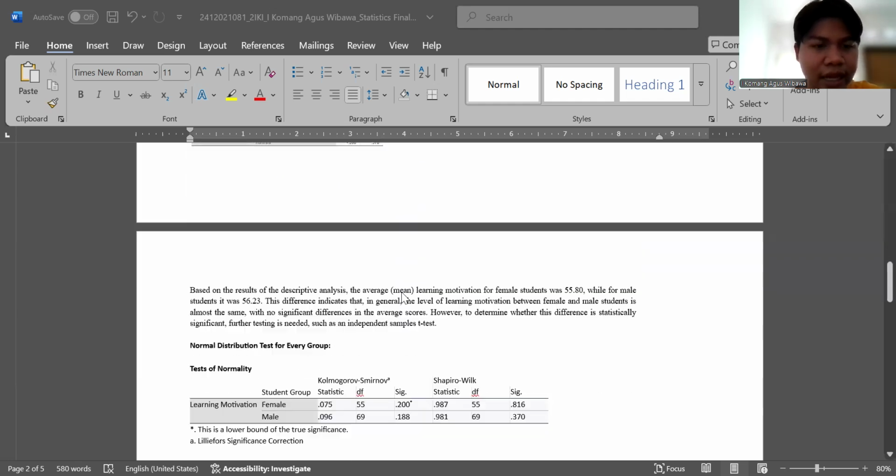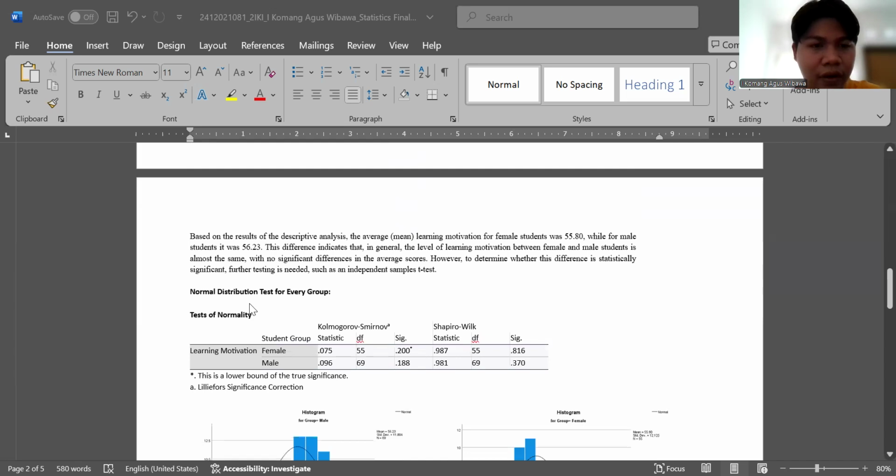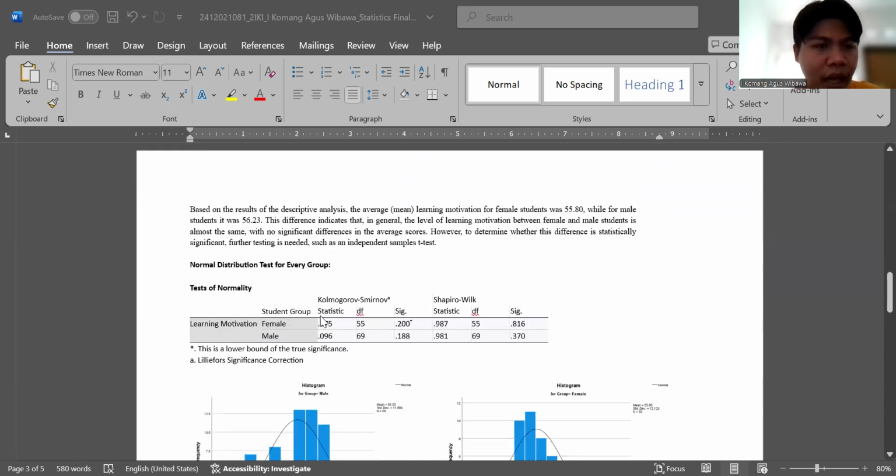So first, we use the test of normality. I use both Kolmogorov-Smirnov and Shapiro-Wilk. The p-value, or the sig value, for the female is 0.200 and for the male 0.288.